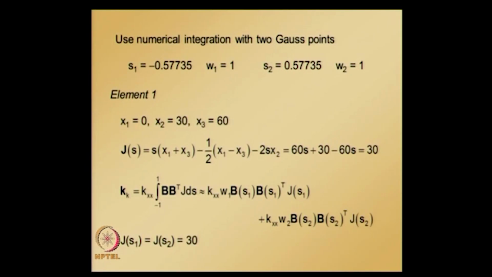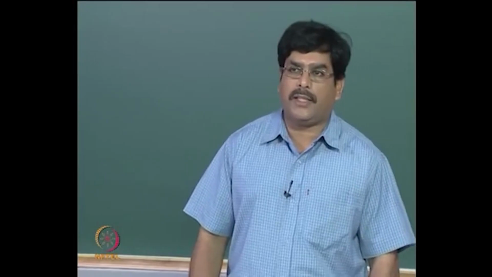So, integral Kk can be approximated as evaluation of the integrand at each of these Gauss points, multiply with the corresponding weight and sum it up. So, that is what is shown there, and J is constant at both integration points, which is 30.